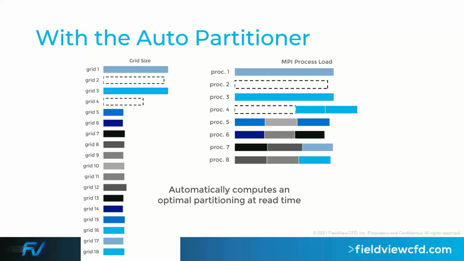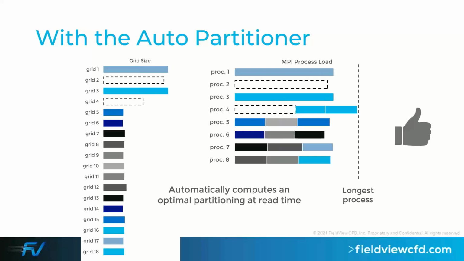It automatically adjusts to the number of grids, the number of nodes in your grids, and the number of processes that you're running for FieldView parallel. And here you can see that by creating those two extra grids, we are now getting a very good balance, and so we can expect good parallel speedups.